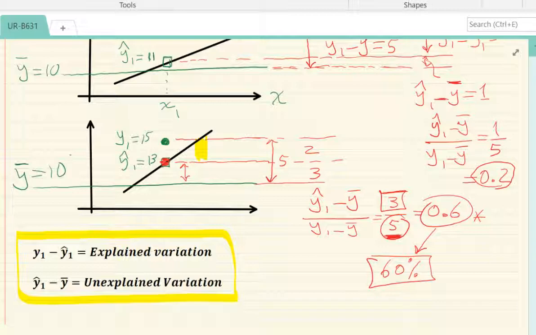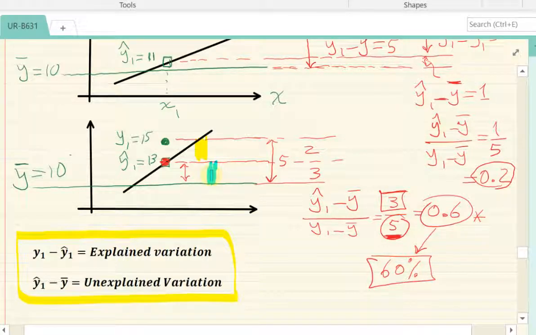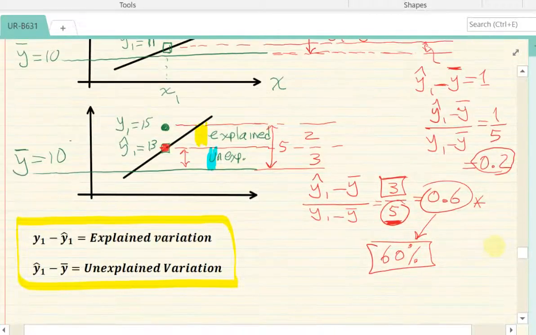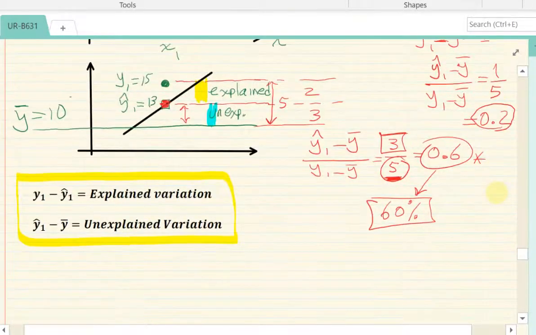Okay, so that's this one. So the one on top, the one above in highlight yellow, this is explained, and the one below it is unexplained. Okay, and from that we actually come up with what we call coefficient of determination.